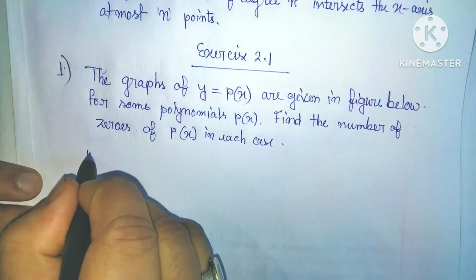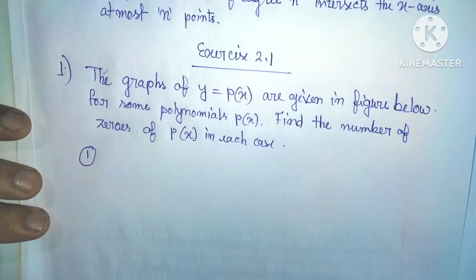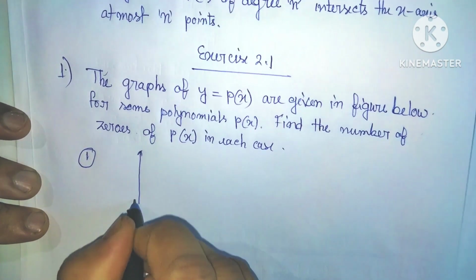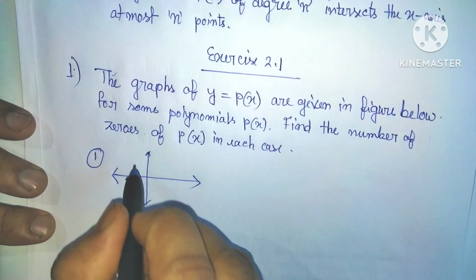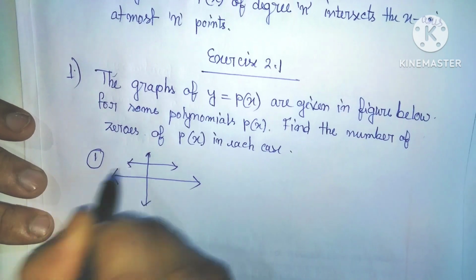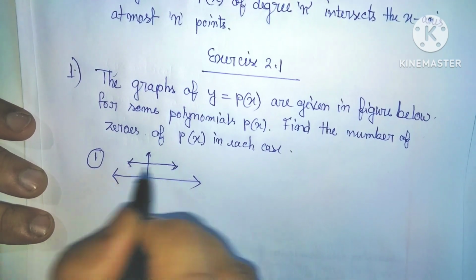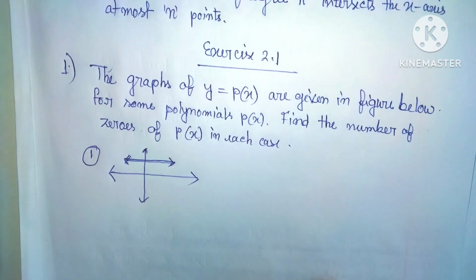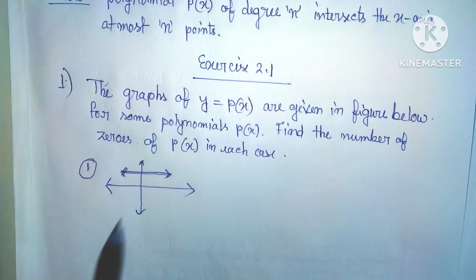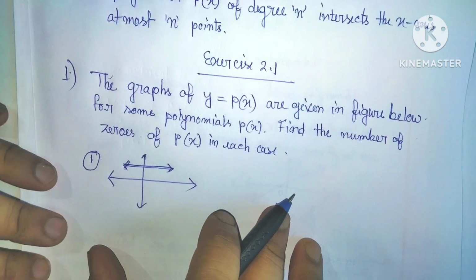So first graph. The graph of this polynomial does not cut the x-axis. That means it does not intersect the x-axis.